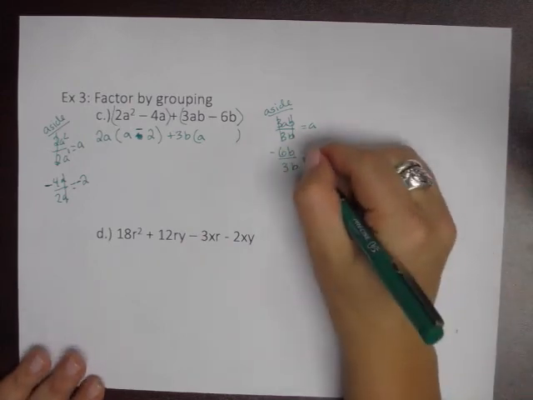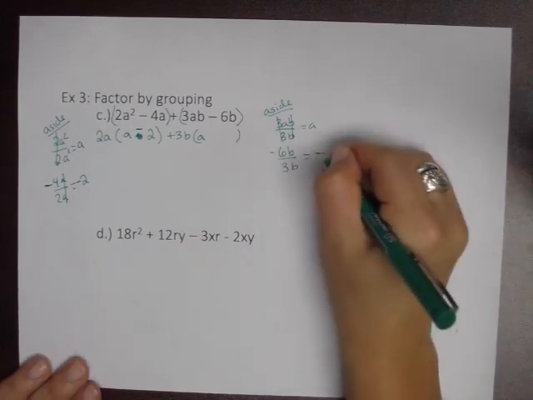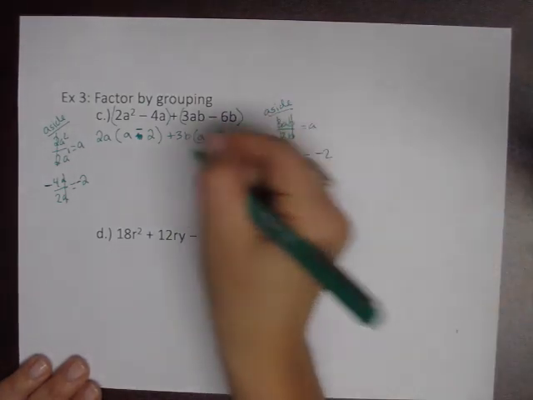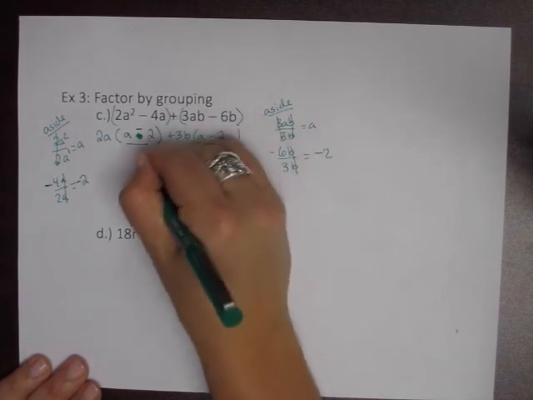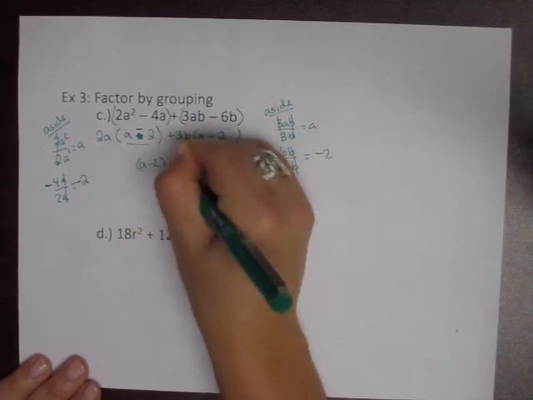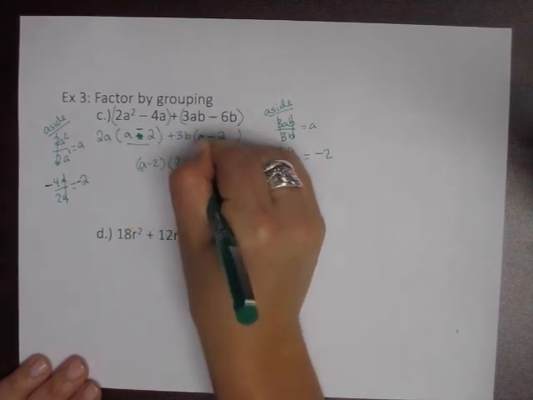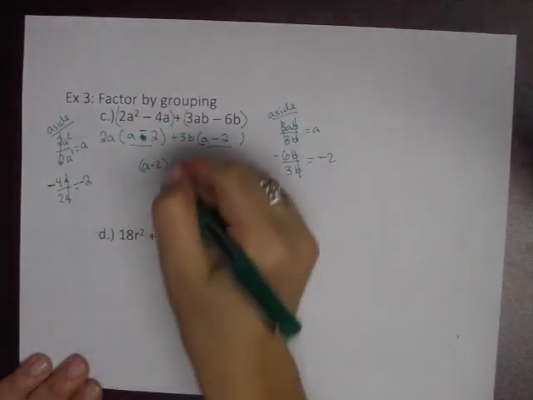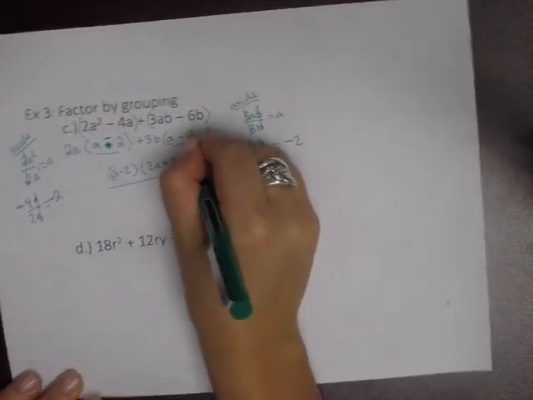Negative divided by a positive is a negative. 6 divided by 3 is 2, and my b's cancel, so minus 2. These are going to be exactly the same, so a minus 2 times 2a plus 3b, because I bring my GCFs over, and then I box my answer.